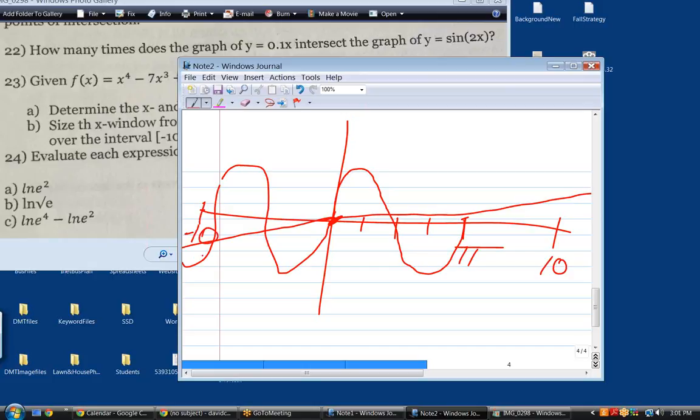there's going to be multiple points of intersection, and we'd have to figure out, it wouldn't be that hard to do. Pi is 3.14. And it looks like it goes through once, twice, 3 times.